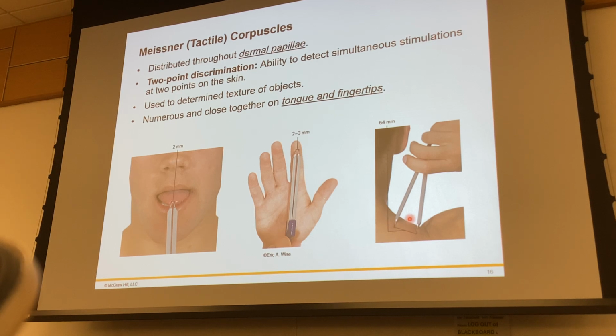They can't detect it; it might be 64 millimeters or 6.4 centimeters away, and they still can't detect that there are two different things hitting the body. But in the hand and then on the tongue, you can detect those things. So the ability to detect simultaneous structures in the skin is a really important adaptation for us.